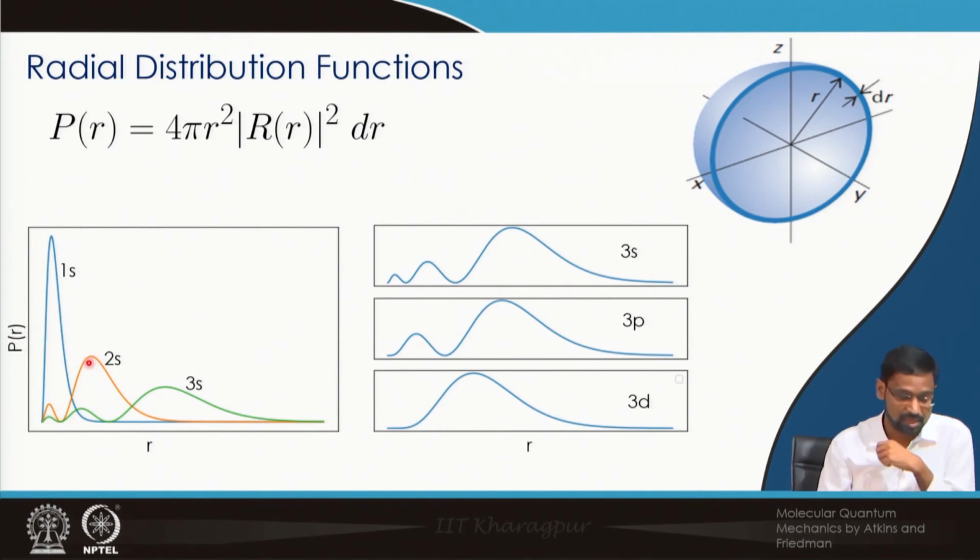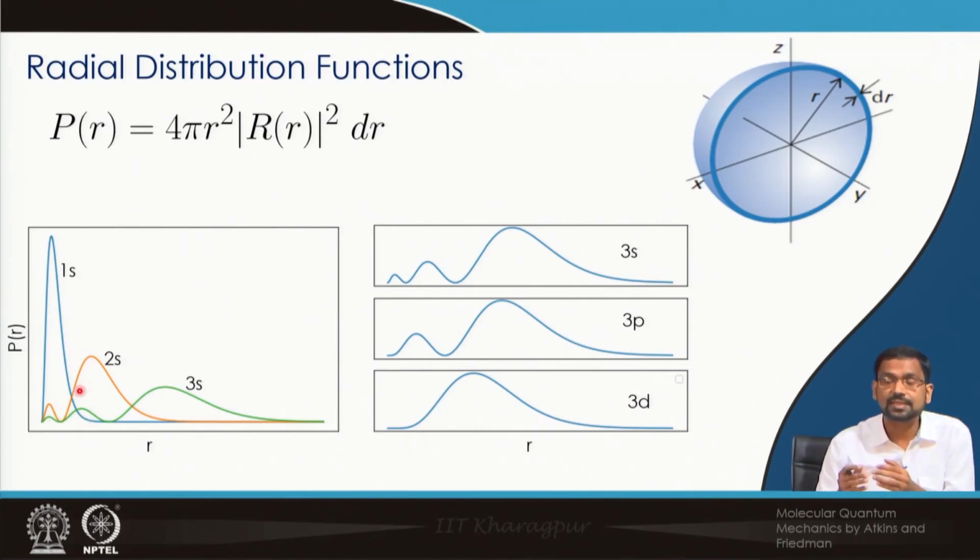And in between the two peaks there is a node. So what does it indicate? If the electron is in the 2s orbital, we have some quite low probability of finding it close to the nucleus, then there is a nodal region where we will never find an electron, and most of the time we are going to find the electron at this value of r.